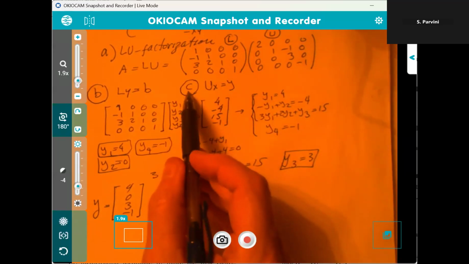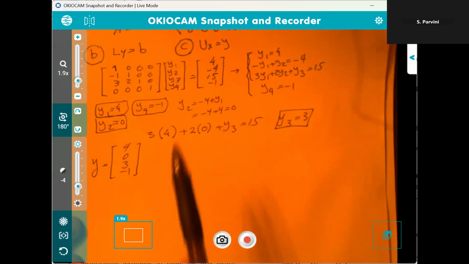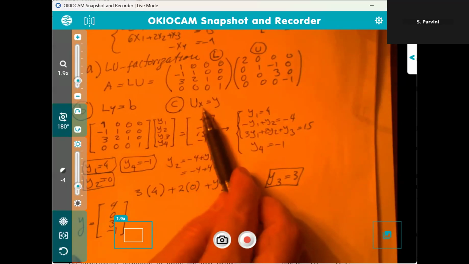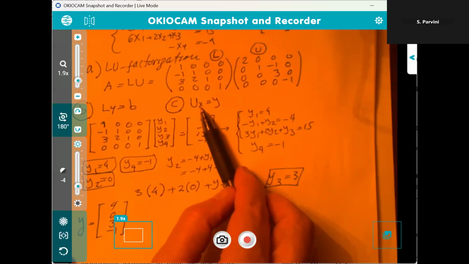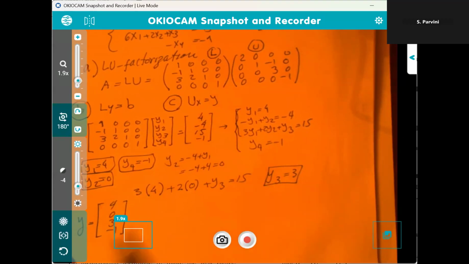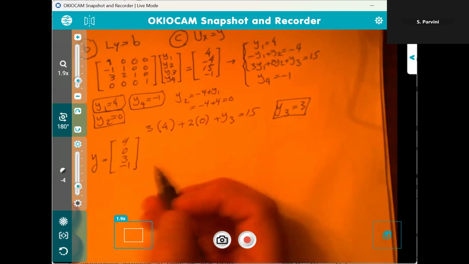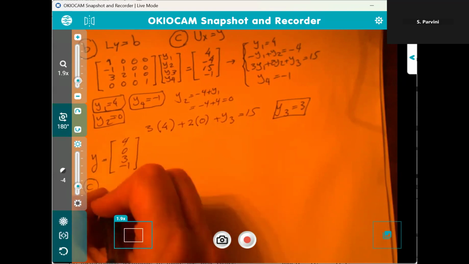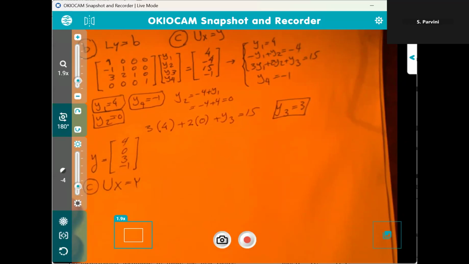In part C, if everybody's good on part B, we have to do UX. This is U. X is the matrix of variables, x1, x2, x3, x4, equals Y, which we just found. So I'm going to bring those three pieces together. Part C, we're doing upper times x equals Y.